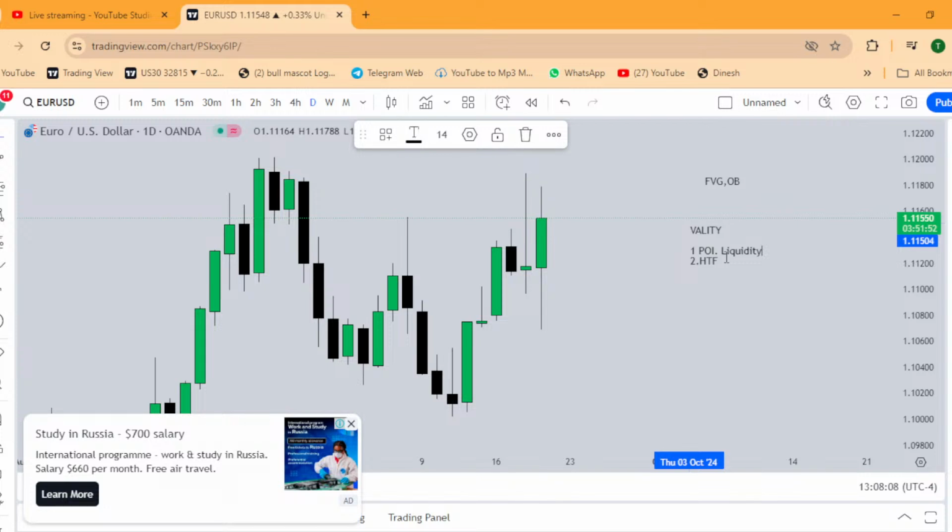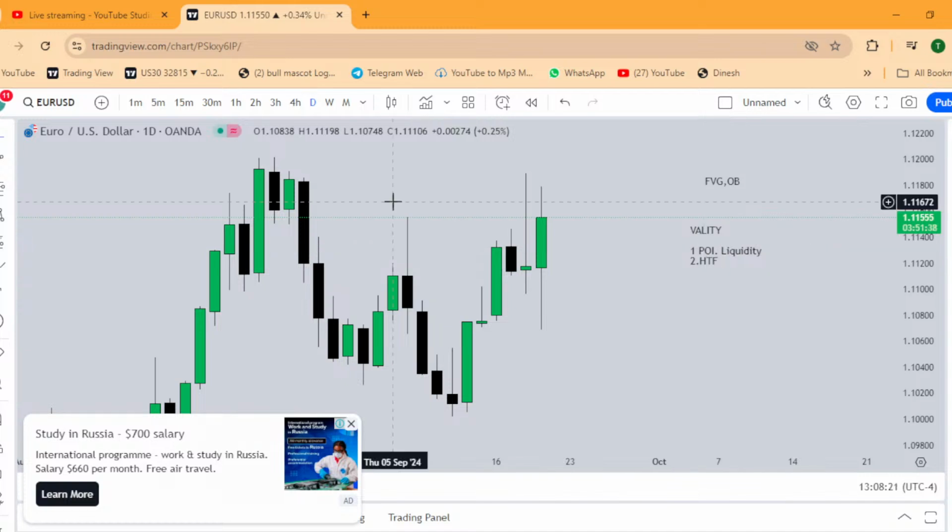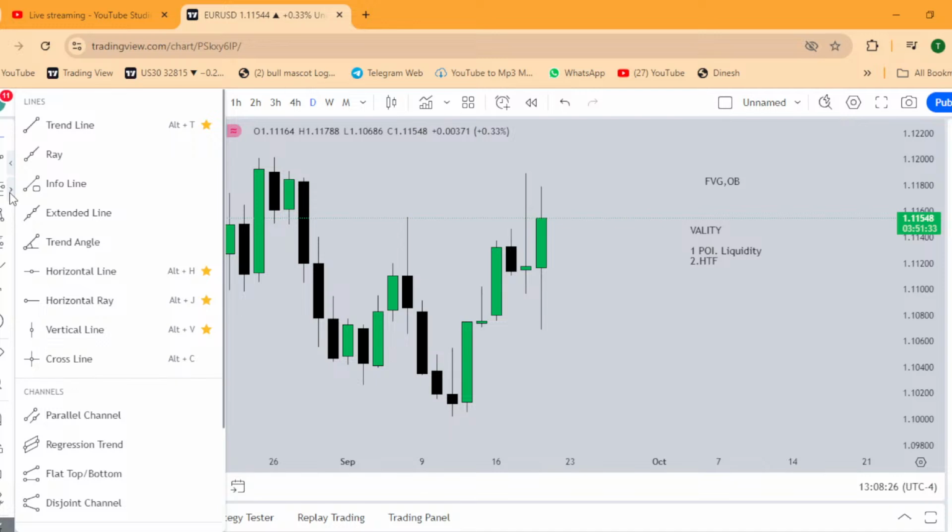Normally we prefer the points of interest to be at higher time frame zones. Then we'll really have more confirmation with that. For example, I want to see that an order block, the tools for drawing this.